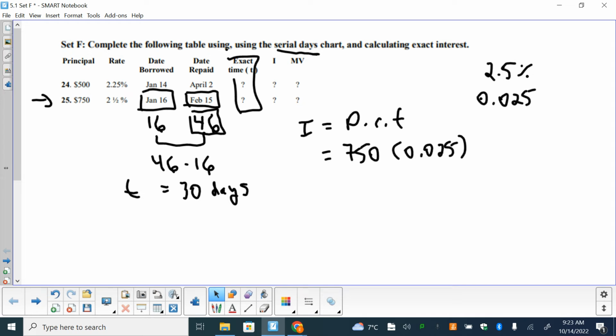And then time is 30 days, but remember that has to be in years, so I'm going to divide that by 365. 30 divided by 365 is 0.08219. I'm going to put that in here.